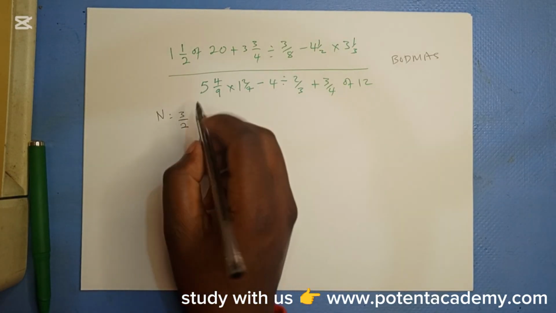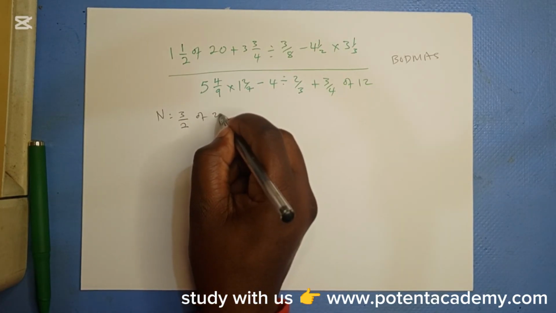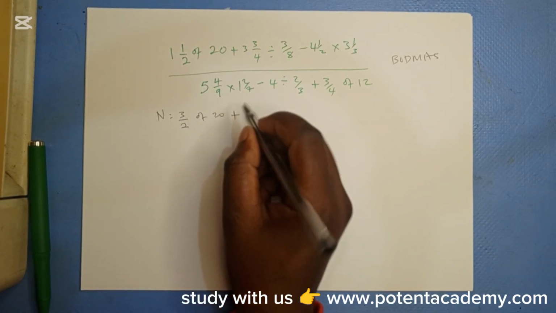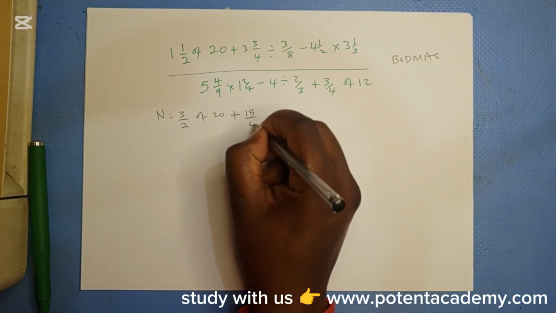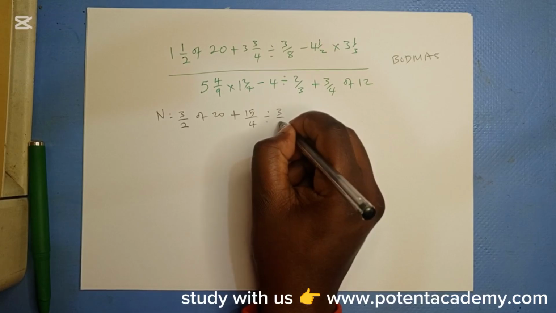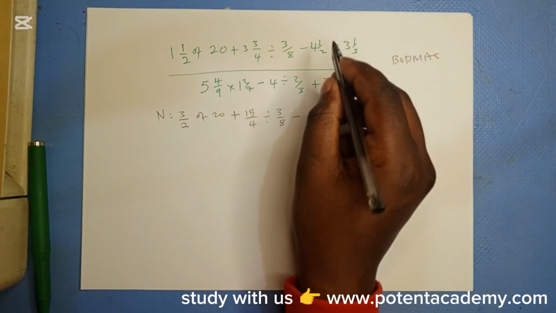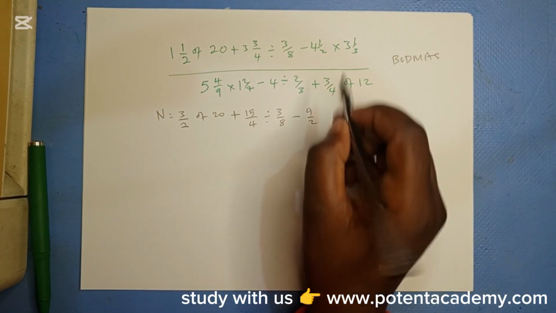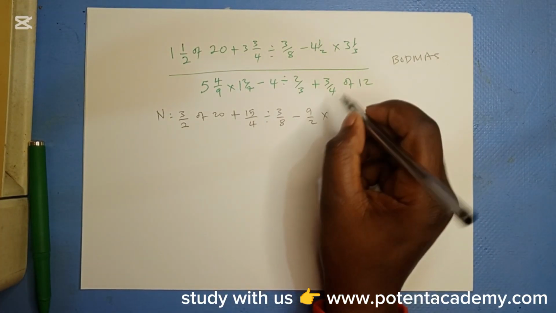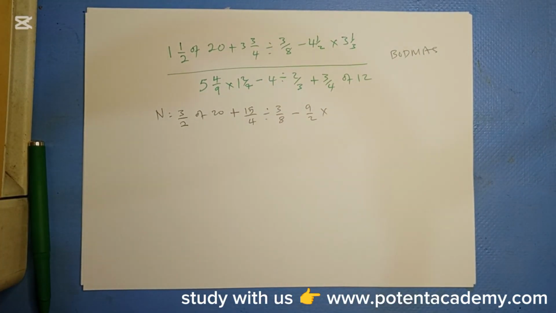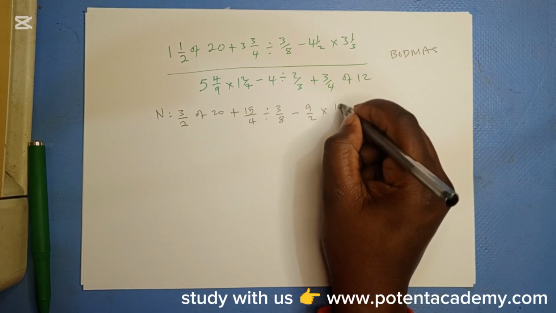That's how we convert it to an improper fraction. 20 plus 3 times 4 is 12 plus 3 is 15 over 4, divided by 3 over 8, minus 9 over 2. This is 4 times 2 is 8 plus 1 is 9, times 3 times 3 is 9 plus 1 is 10 over 3.